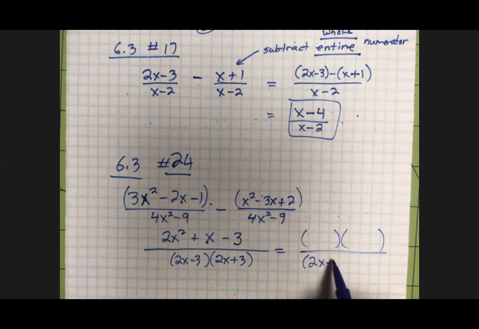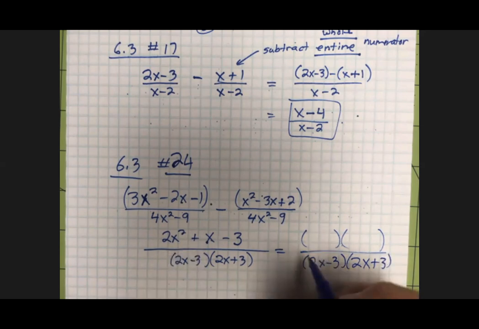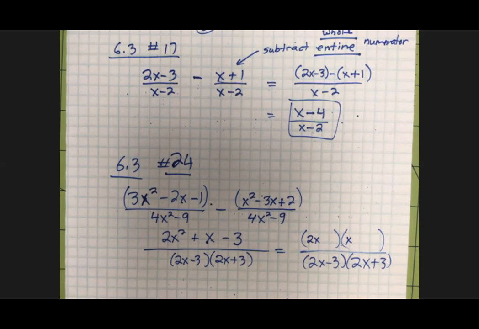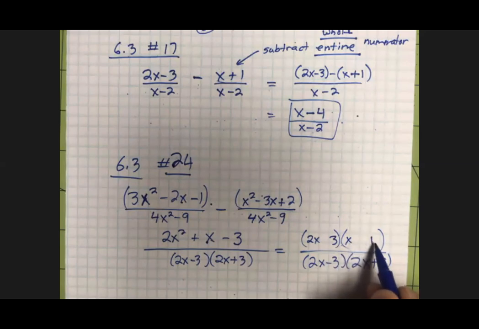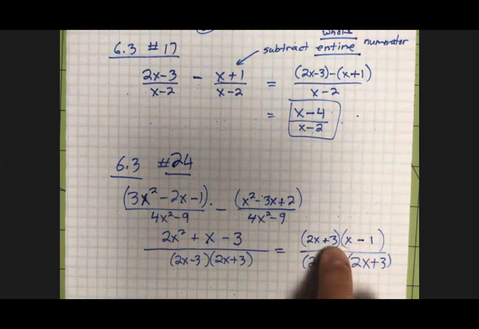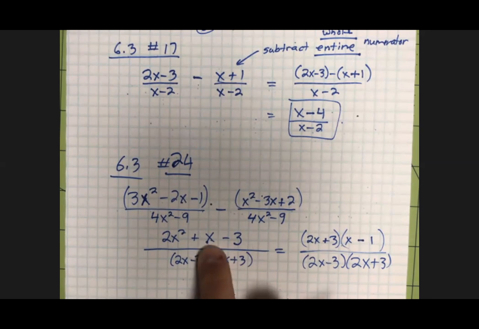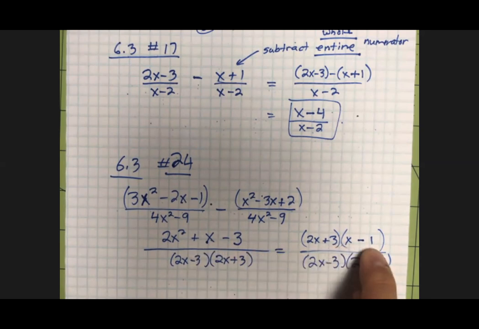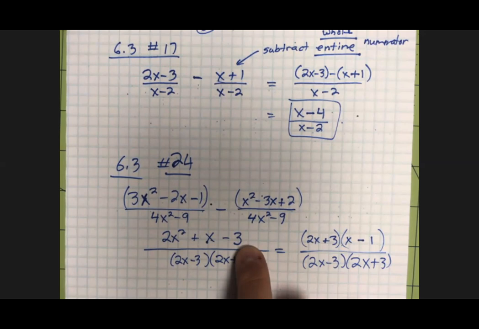But I'm suspicious that I might be able to factor the top. 2x times x to be sure. 3 has got to be 3 times 1, and I can see 3x and 1 times 2x give me 3x, 2x could give me a 1 if this is positive and this is negative. Now let's try it because it may not work. But I got 2x squared, check. I got plus 3x minus 2x is plus 1x, check. Plus 3 times minus 1 is minus 3, check.